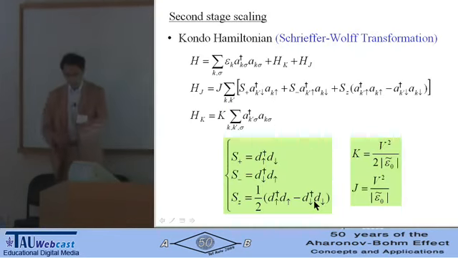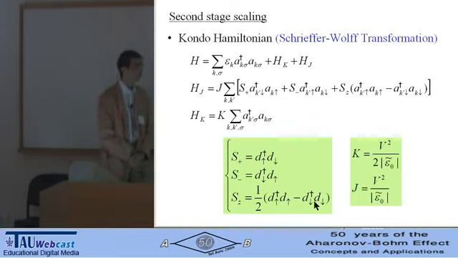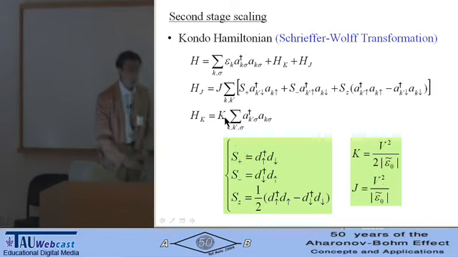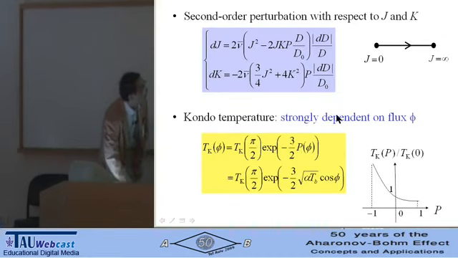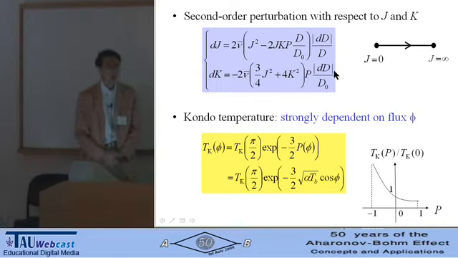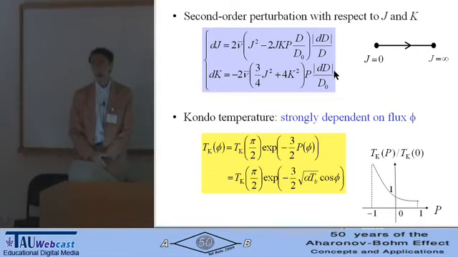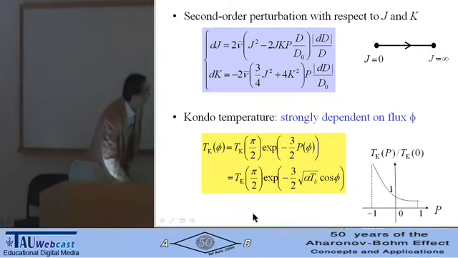And in the second stage scaling, we make the Kondo Hamiltonian by the Schrieffer-Wolff transformation. And we have exchange coupling J and potential scattering K. And J and K are renormalized by this scaling equation. And finally, we obtain the analytical expression for the Kondo temperature.